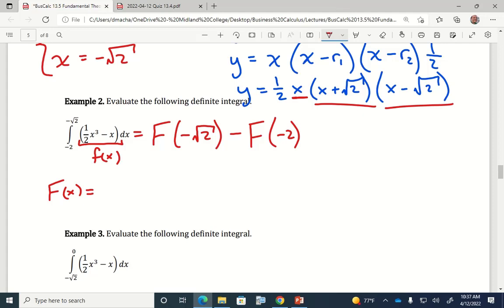What's the antiderivative of 1/2 x cubed? So close, you just took the derivative, not the antiderivative.